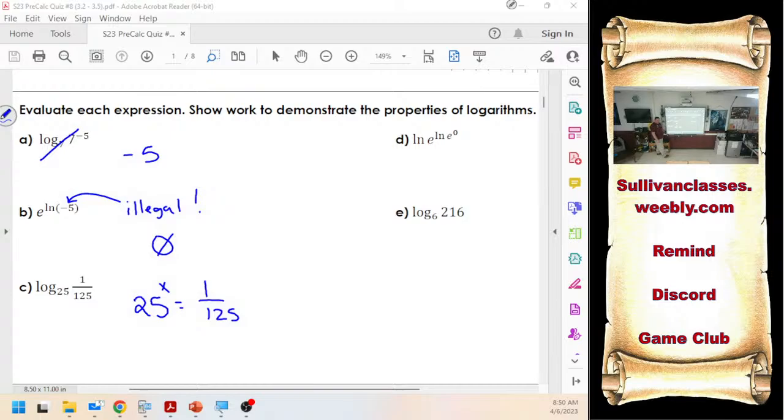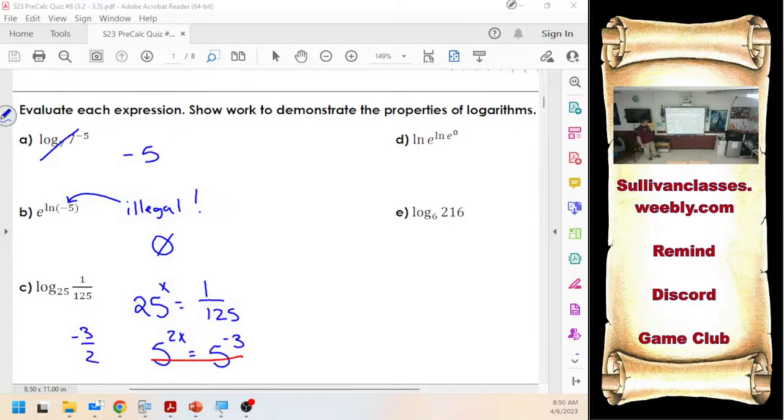I hear like 7 people whispering 5. Yes. And 5, how do I get 5 downstairs? Negative. And then our one-to-one property says 5 to a thing equals 5 to a thing. That is negative 3 halves.